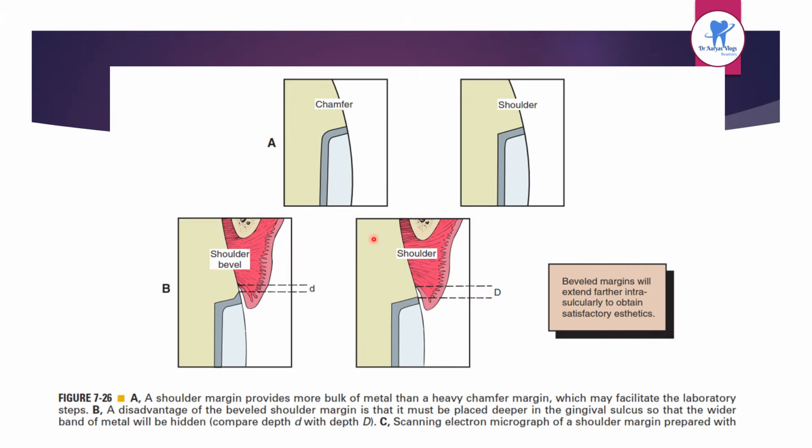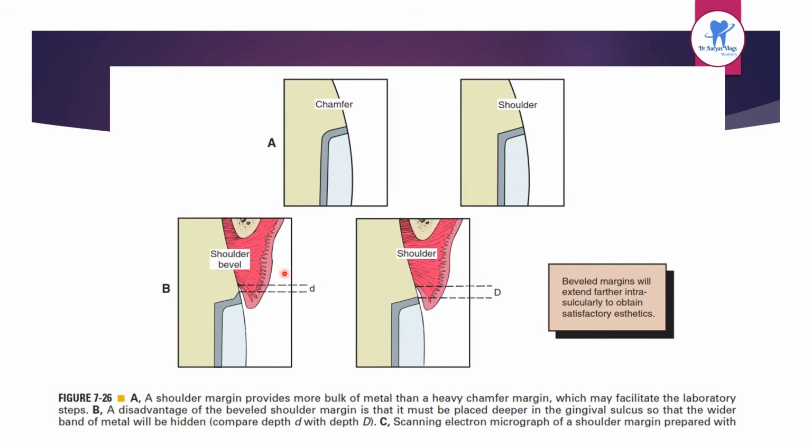Here is the picture showing the shoulder margin, which provides more bulk of metal than the heavy chamfer margin. An acute angle is likely to chip. Okay. So in practice, dentists tend to under-prepare the facial shoulder margin, which leads to restorations with inferior aesthetics or poor axial contour.